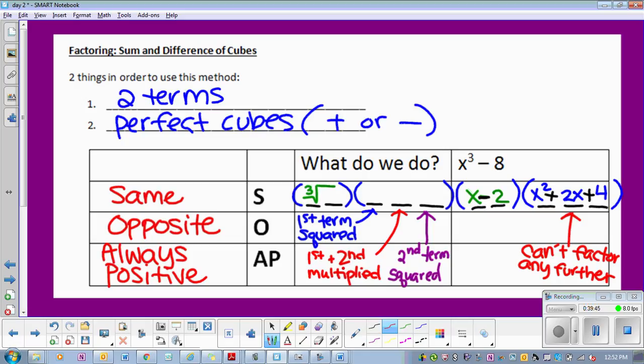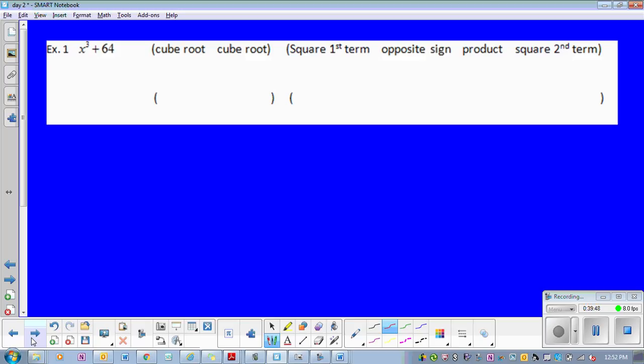All right, let's try an example. Oh, and look, here it lays it out for you again, just in case. So we have x cubed plus 64. Let's do this. What's the cube root of x cubed? X. What's the cube root of 64? 4. So now the first term in your trinomial is the first one squared.